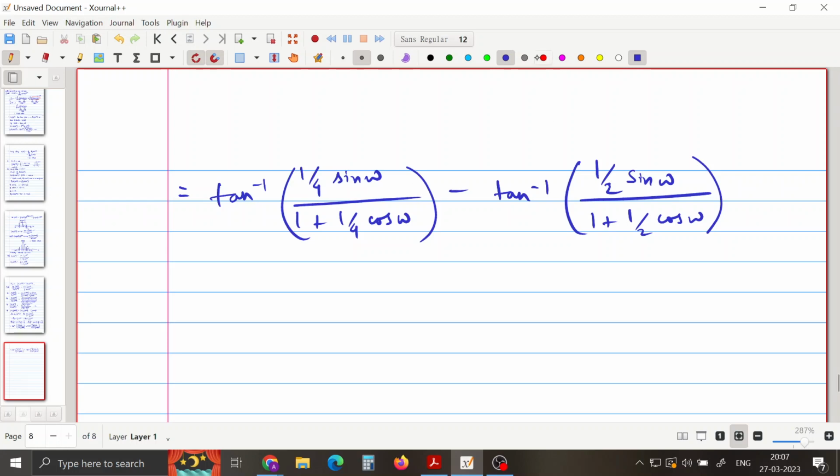So tan inverse x minus tan inverse y is given by tan inverse of x minus y by 1 plus xy. So we'll use this.